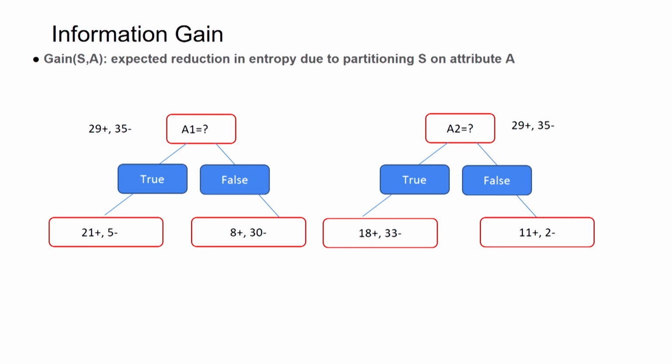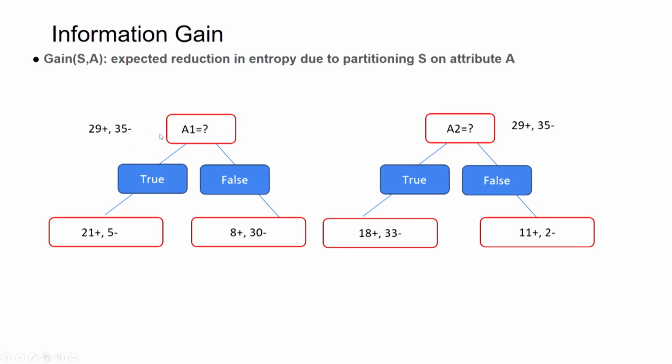Suppose you are having a node in which there are 29 positive instances and 35 negative instances. Suppose there are two attributes, or two independent variables, A1 and A2.